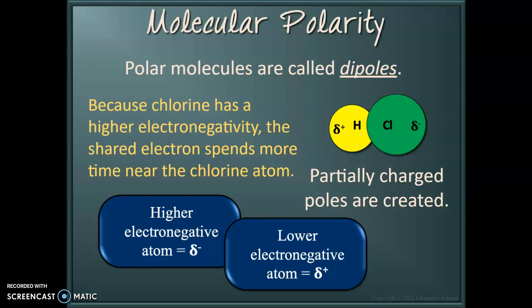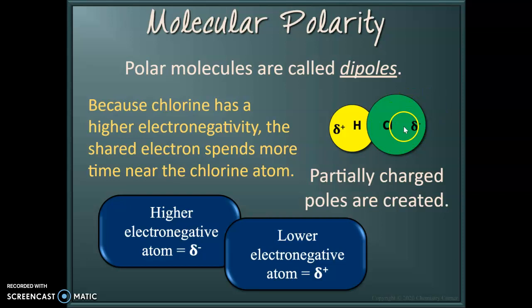Remember, electrons are negatively charged and they're attracted to those atoms that are more electronegative. If we go back and remember our periodic trends, our nonmetals are more electronegative because they are more likely to attract electrons.